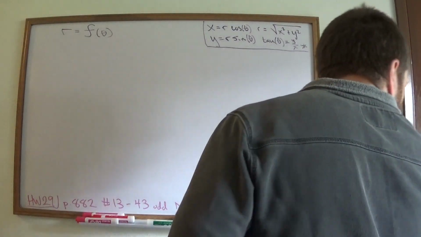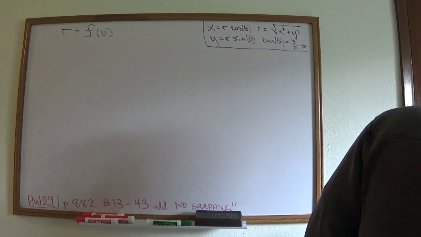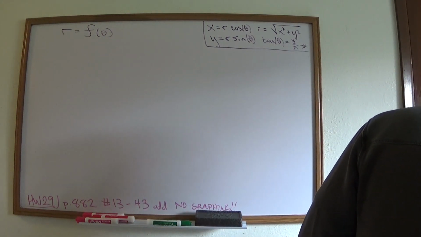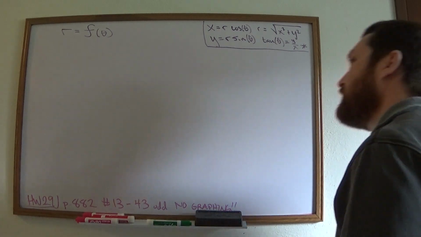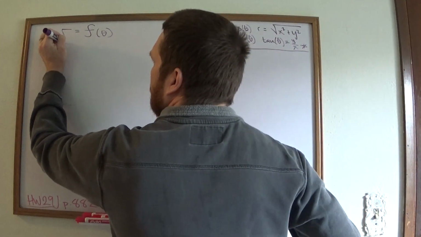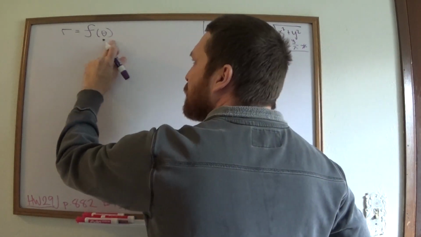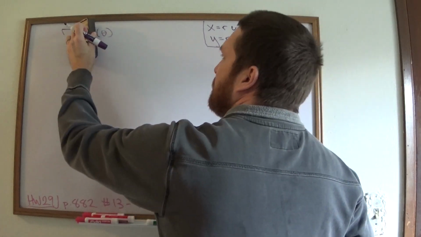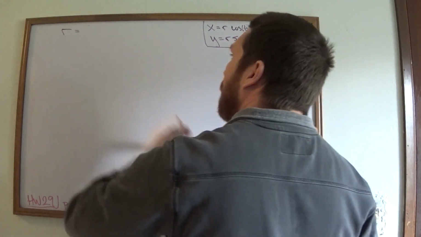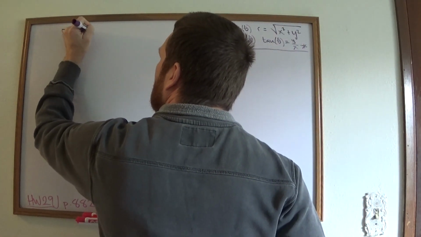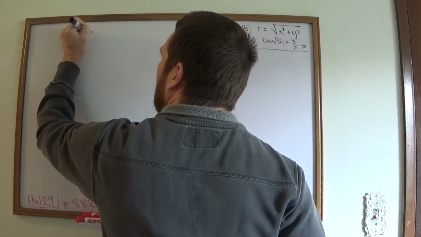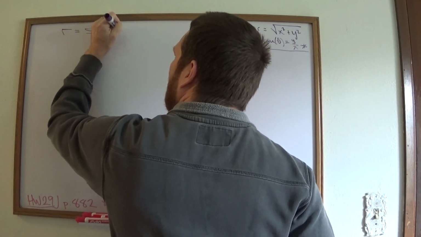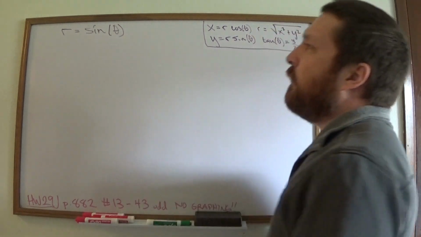So let's use an actual example here. Let's say that r equals sine theta. So instead of some function of theta, well, how about sine theta? Let's just start with r equals sine theta. Now, here's the thing.